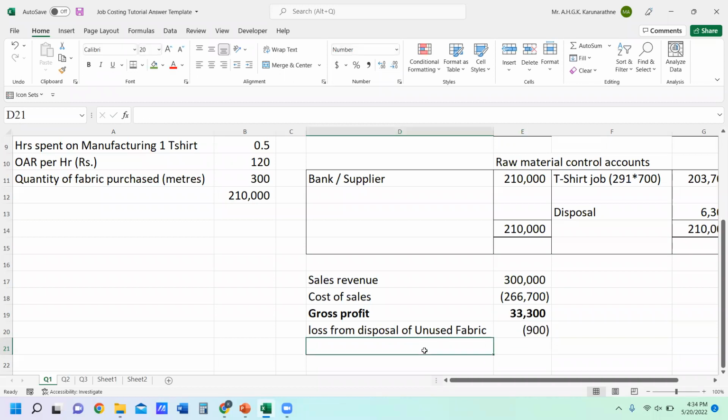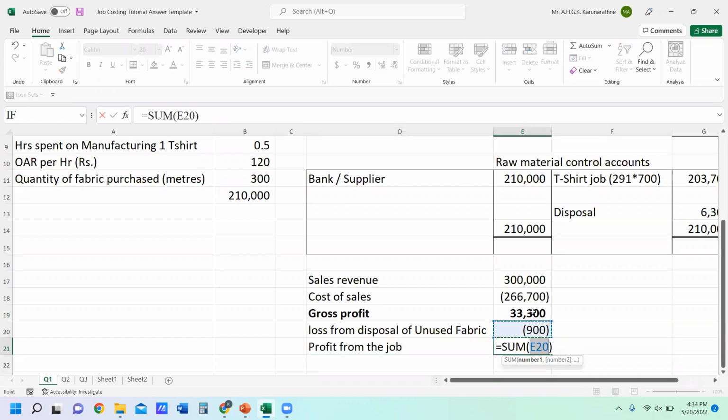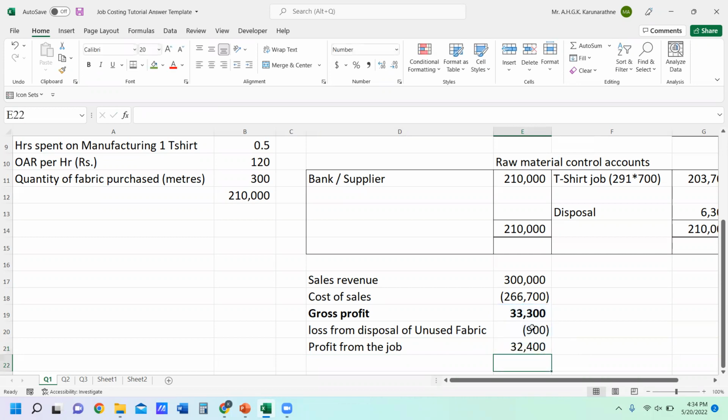Then we can say profit from the job. So this is your profit. Any question understood? Okay, thank you. Understood, right? Telling what I started to you.